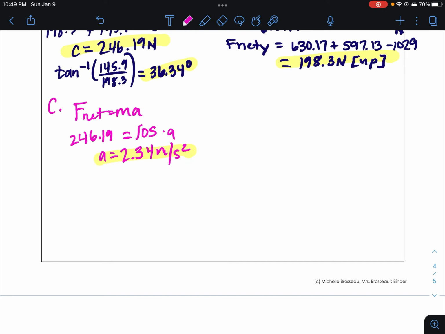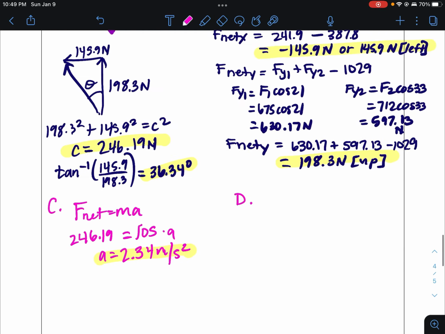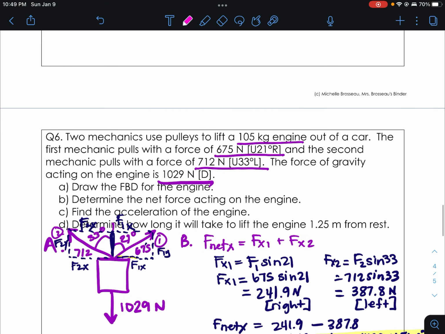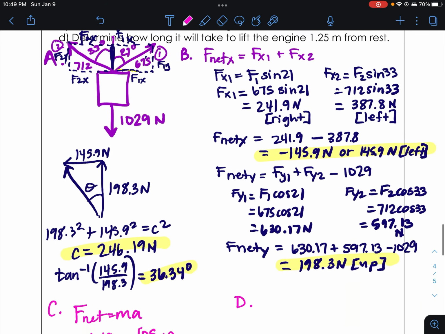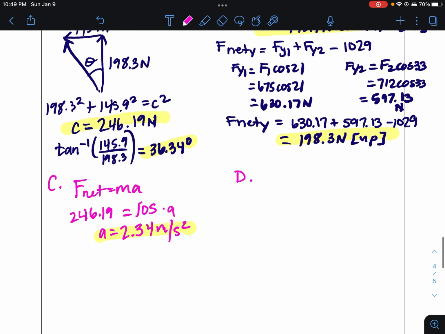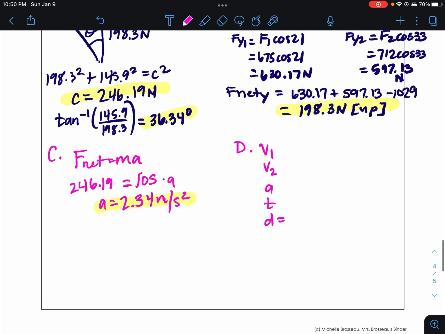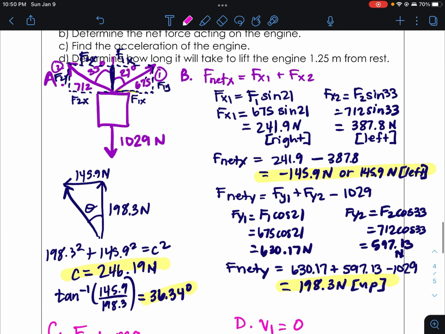And then letter D says determine how long it will take to lift the engine 1.25 meters from rest. This is another big five. V1, V2, A, T, and D. And we're looking for 1.25 meters off the ground. We got our A to be equal to 2.34 meters per second squared. And we know that our initial velocity is 0. We are looking for time.